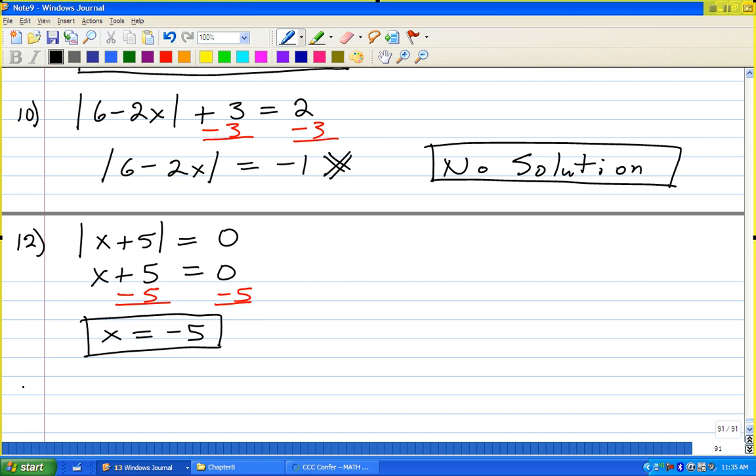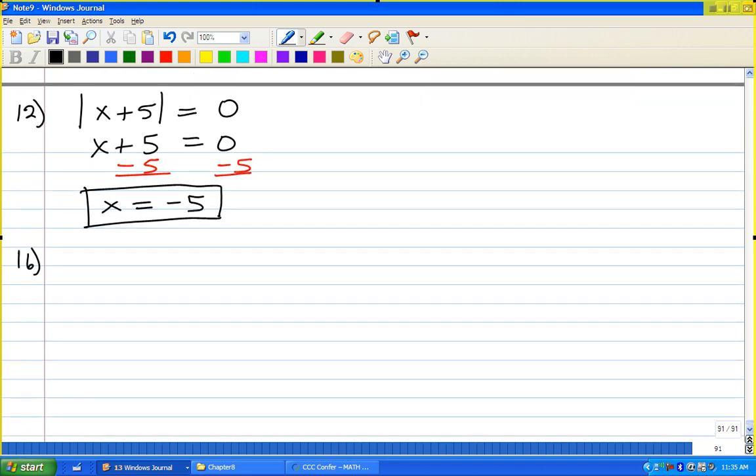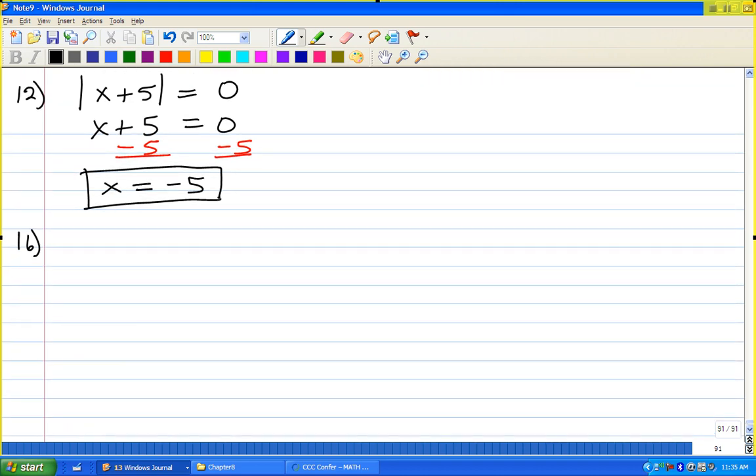Let me do problem number 16. Absolute value of 1/4 x plus 1/3 equals 2/3. Okay, so I've already isolated the absolute value.